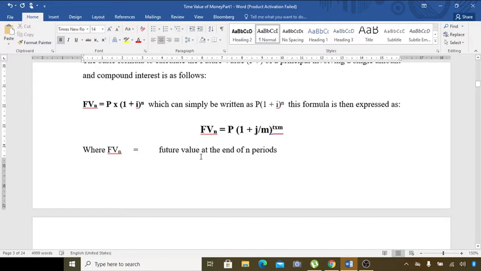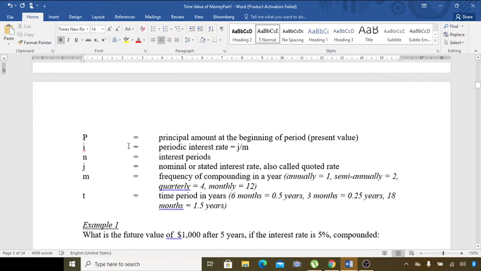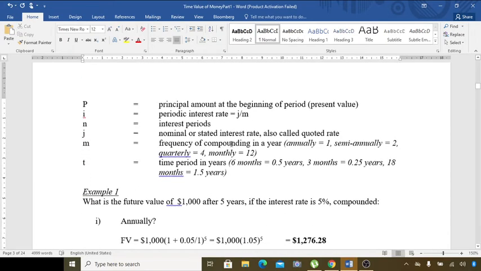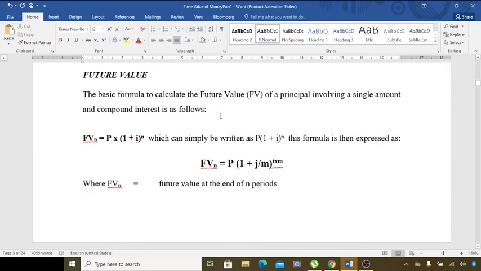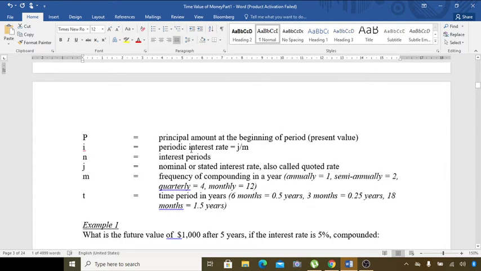The FV is the future value at the end of the N periods. Now, P, as I mentioned just now, is the principal amount at the beginning. And I is the periodic interest rate.